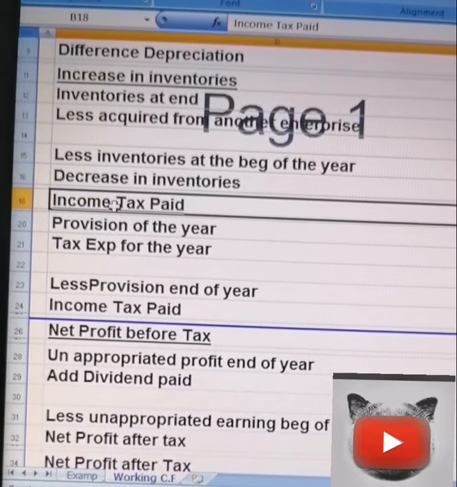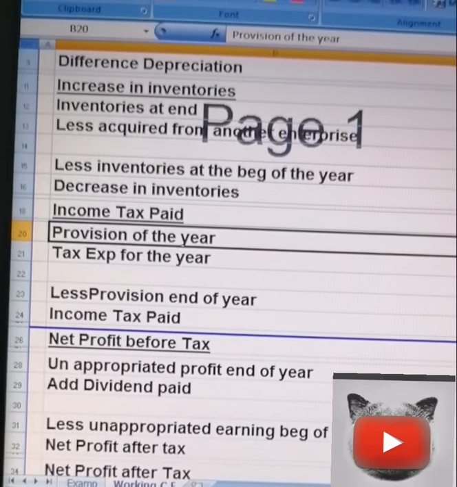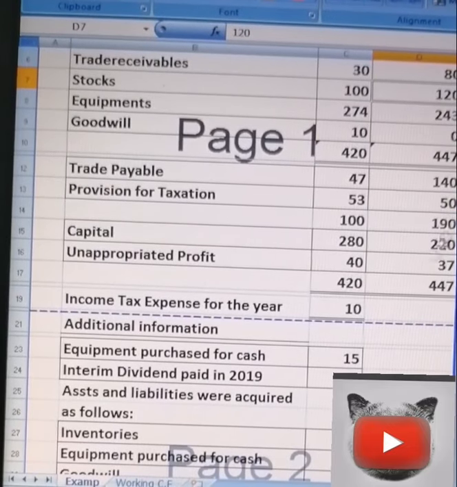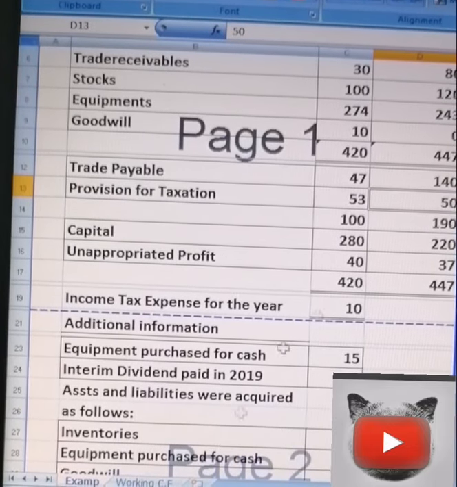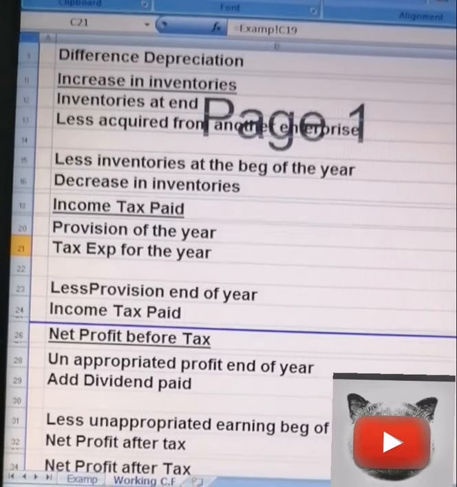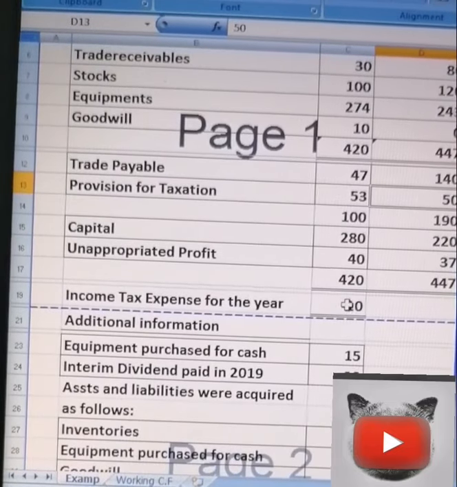Now the calculation of income tax. Provision of the year for income tax was 50 million, which is shown here. Add tax expense for the year, which is shown here.